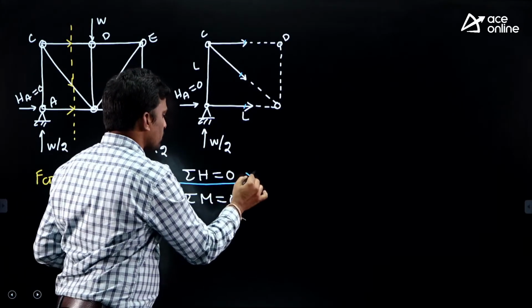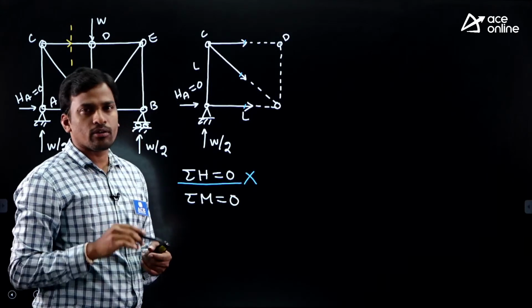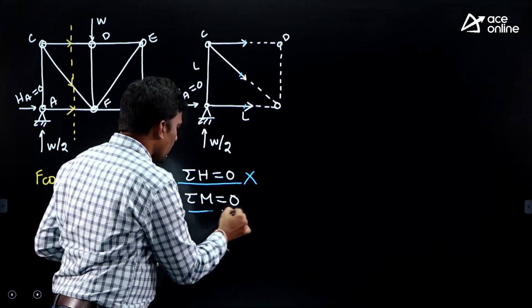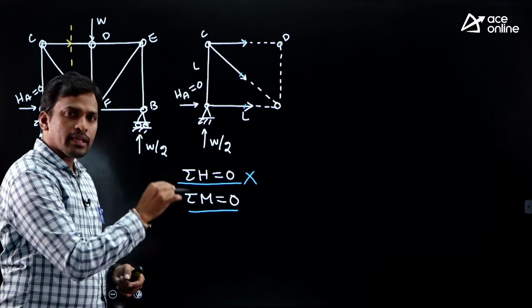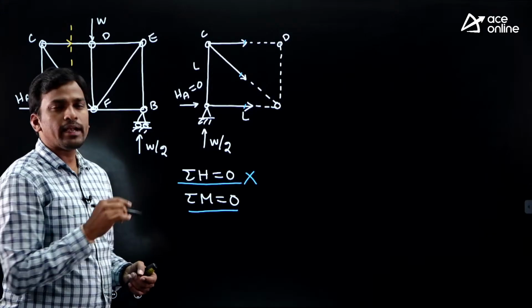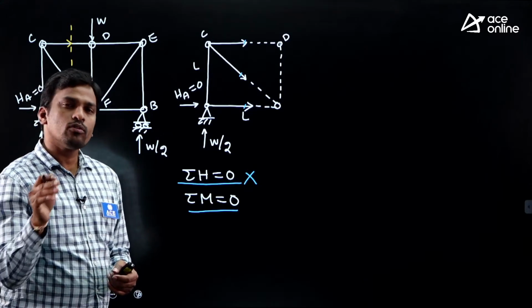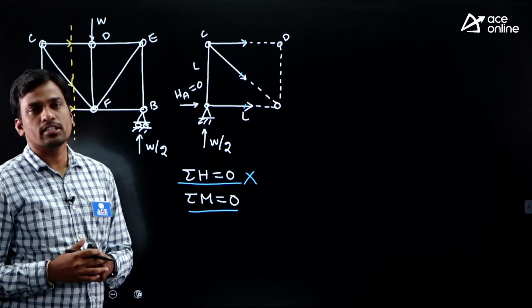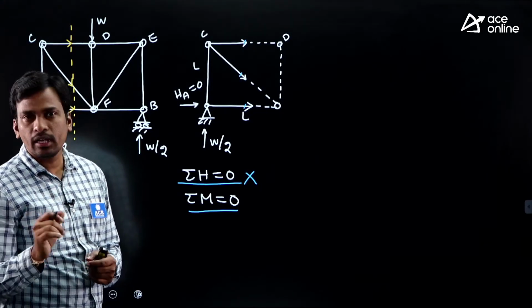Not possible. If only one horizontal unknown is there, yes, it is possible. Next, then sigma M. Now sigma M, is it possible or not? How to know? Students, for the moment equilibrium equation, we have to follow the wanted and unwanted member concept.